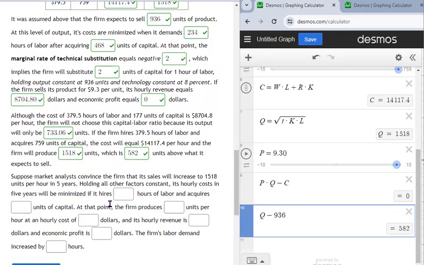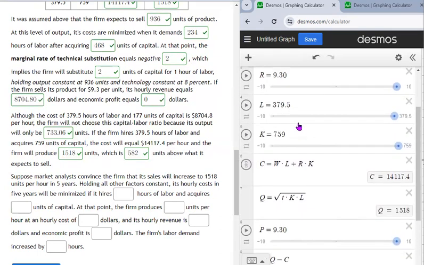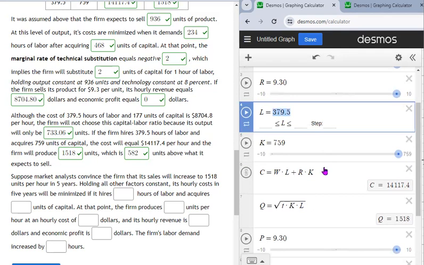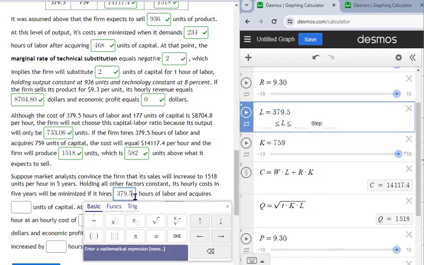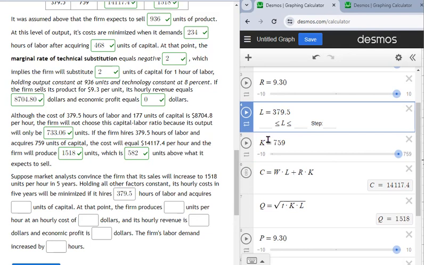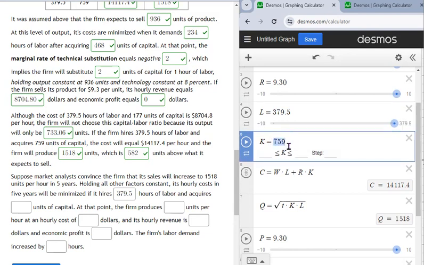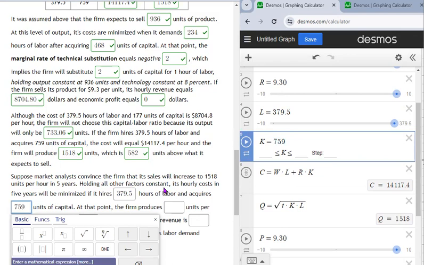Now, suppose market analysts convince the firm that its sales will increase to 1,518 units in the next 5 years. Holding all of the factors constant, its cost in 5 years will be minimized if it hires 379.5 hours and acquires 759 units of capital.